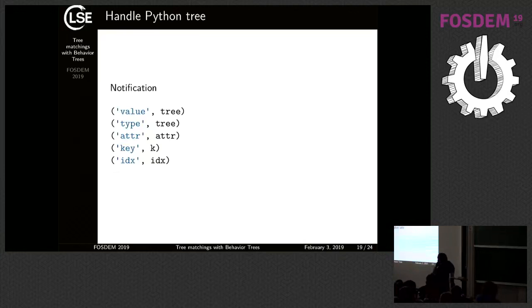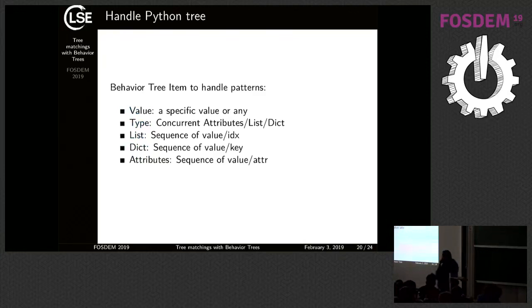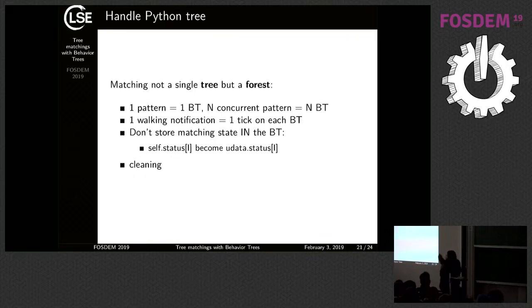And with this, I could identify a value or any value, type, a component attribute, a list or dictionary, list, attributes, etc.